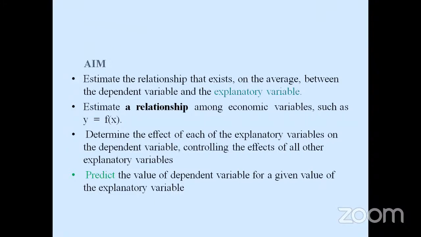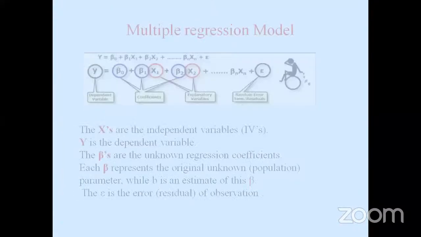There are two different kinds of regression, simple and multiple. I have not talked about multiple regression. Multiple regression means your explanatory variables will generally be more than one. The procedure of estimating remains the same. We generally apply the ordinary least squares estimation procedure to estimate these betas.